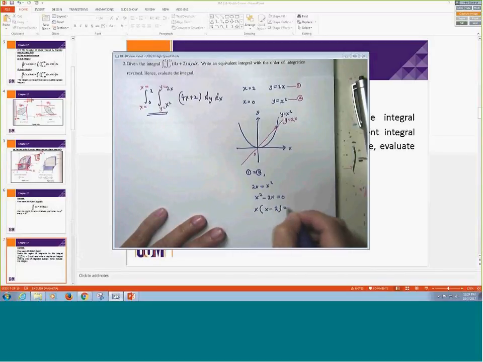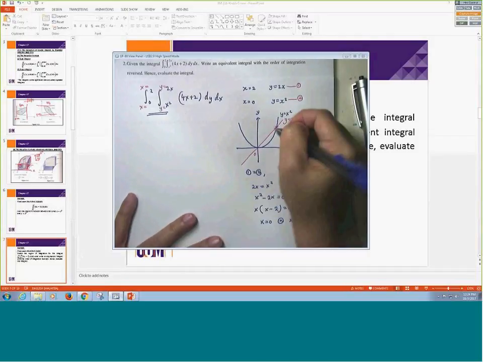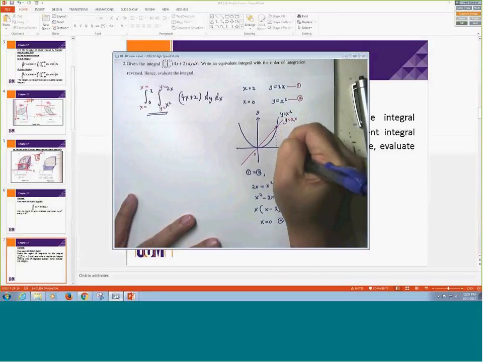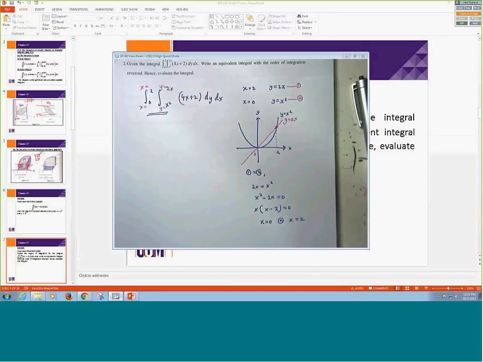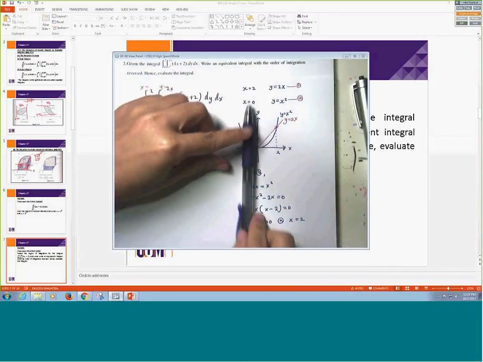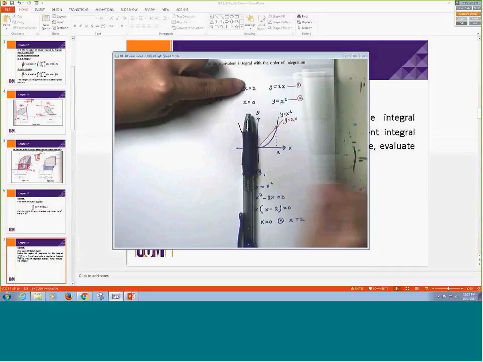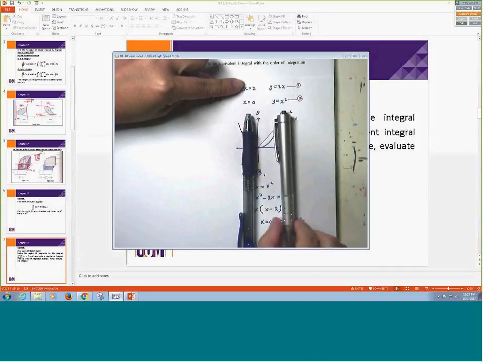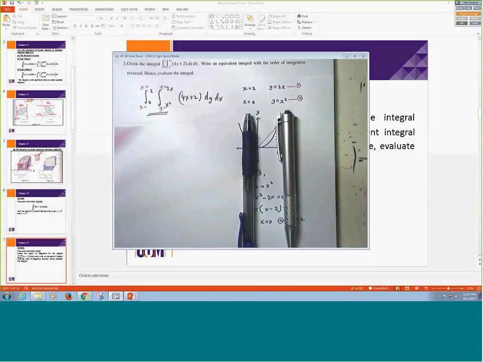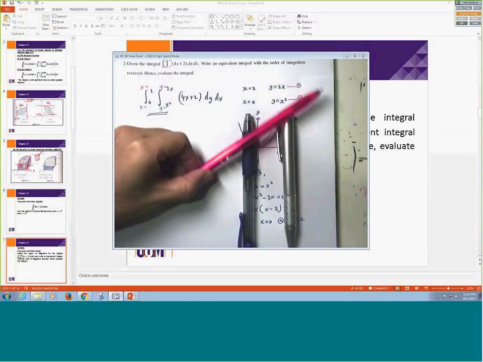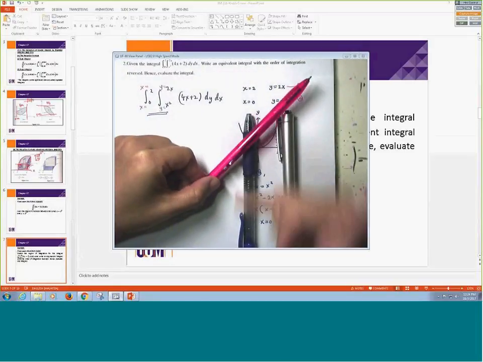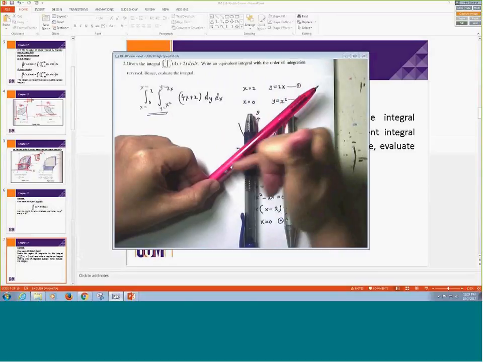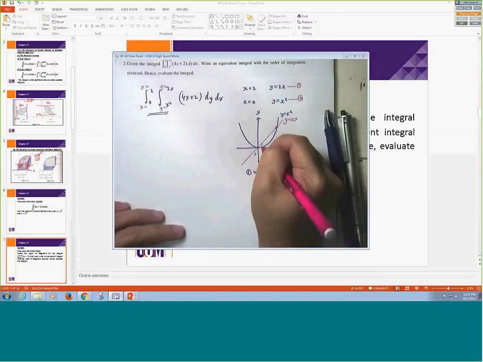So the intersection points are x equals 0 and x equals 2, confirming that x from 0 to 2. So the region now is x from 0 to 2, and y from y equals 2x to y equals x squared, the curve. So the region R is the shaded area here.